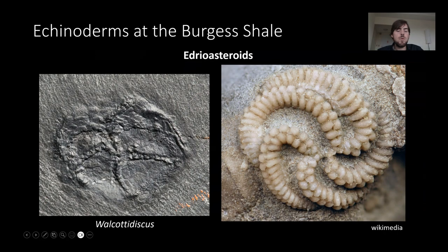We also have a very interesting group called the edrioasteroids. The edrioasteroids are found all across the Paleozoic, and they look like a coin, and in the coin you can see this pentaradial symmetry pattern. They look like coins, and at the Burgess Shale we have, for example, Walcottidiscus.